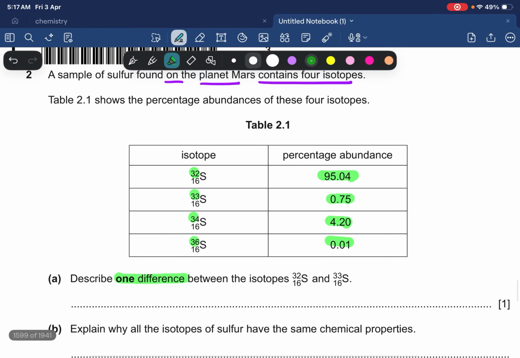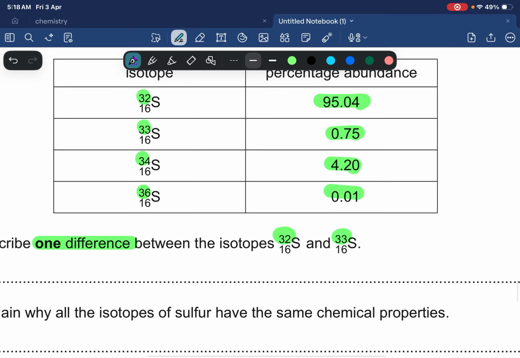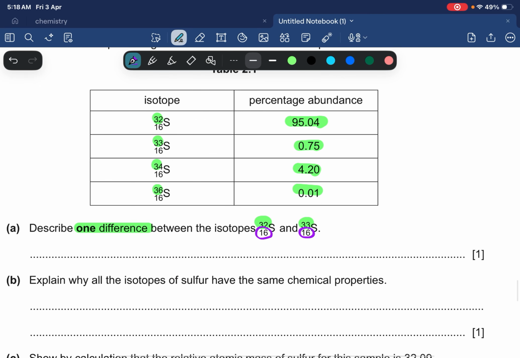Describe one difference between isotope 32 and 33. Number of neutrons, because the proton number is 16 for both, which is constant, but the number of neutrons is changing. So one difference is going to be my different number of neutrons.